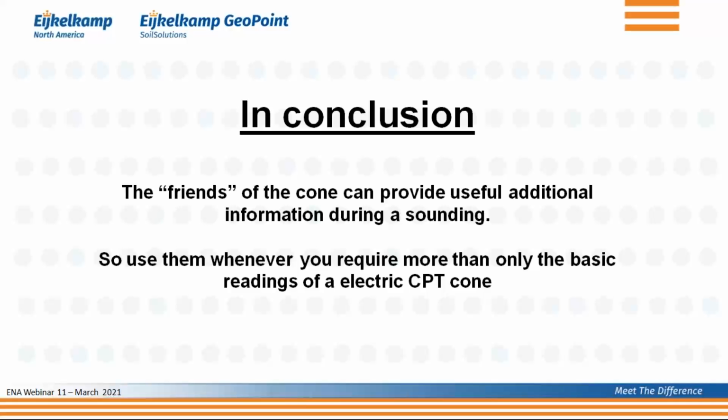Since as you are pushing it together with the cone, it takes the same amount of time, the seismic cone being an exception because you need to interrupt your process every so often. But for the video cone and the magnetometer cone, it's the same amount of time. You collect all your data and you get additional information during that same sounding.